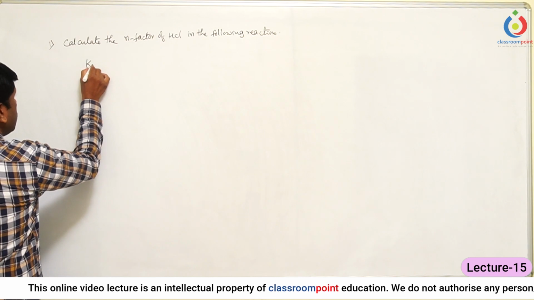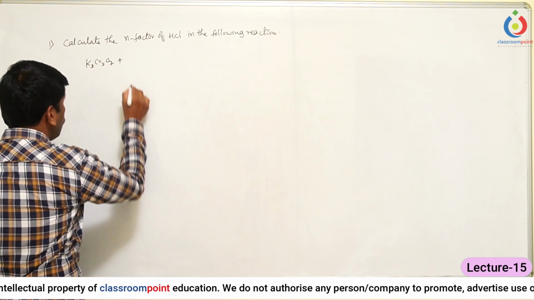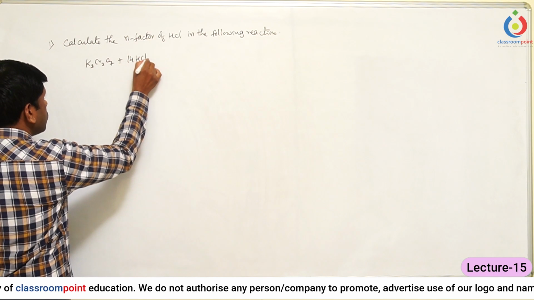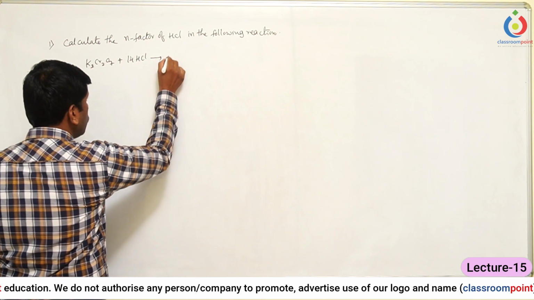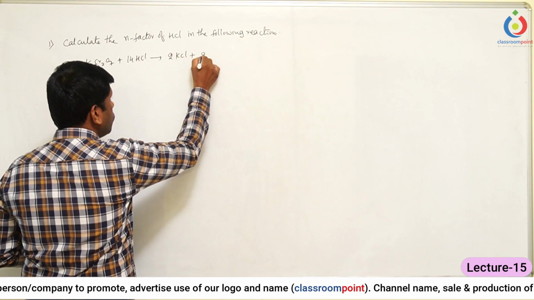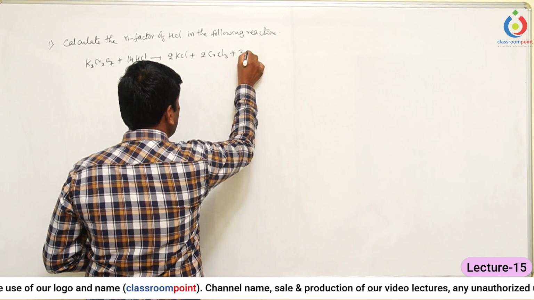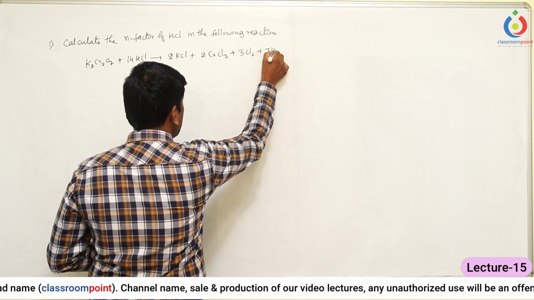So the given reaction is K2Cr2O7 plus 14 HCl gives 2 KCl plus 2 CrCl3 plus 3 Cl2 plus 7 H2O.